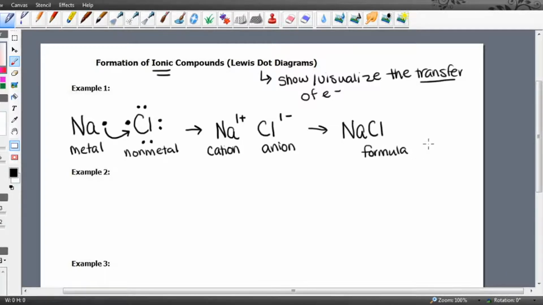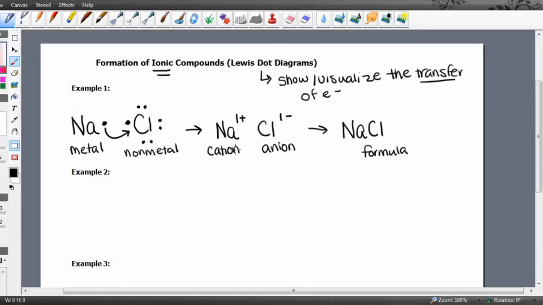So we can draw these Lewis dot structures, you guys, in 3 very distinct steps. Step number 1, draw your metal and your nonmetal with their valence electrons and show the transfer of those valence electrons in order to satisfy the octet rule. Then show the resulting charges.